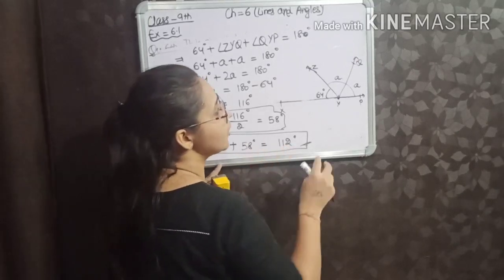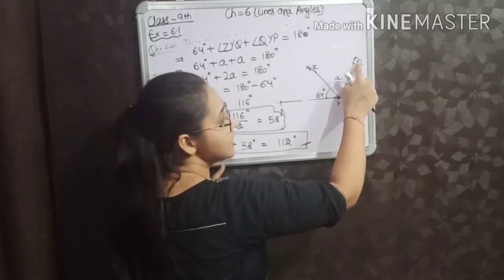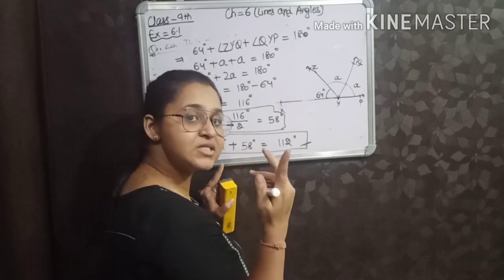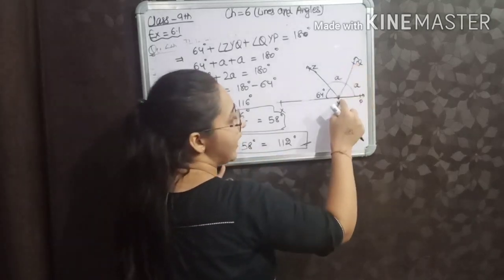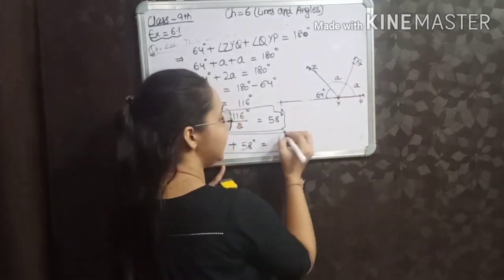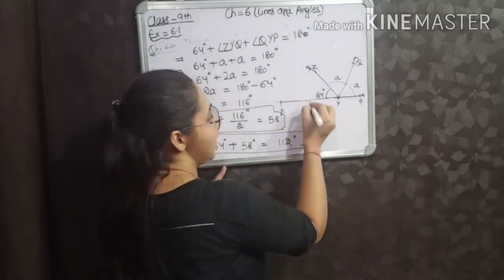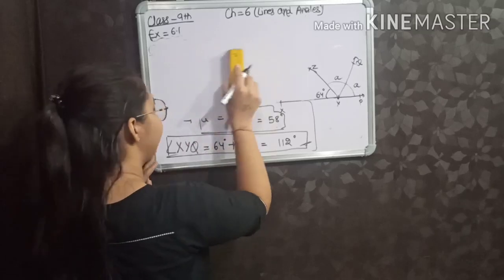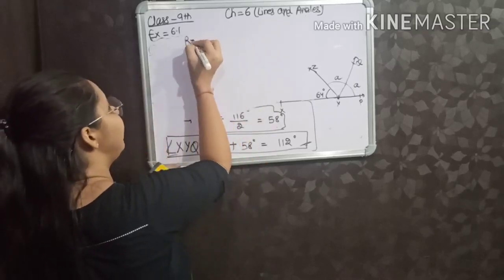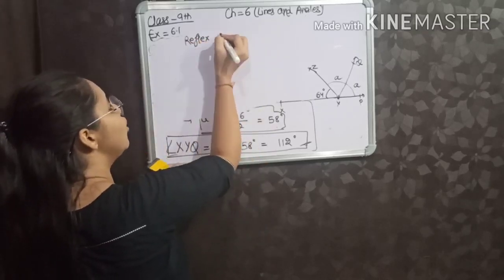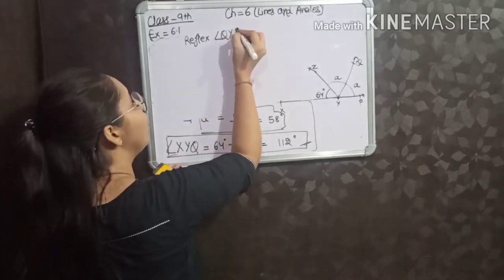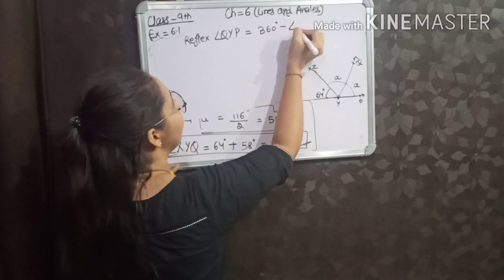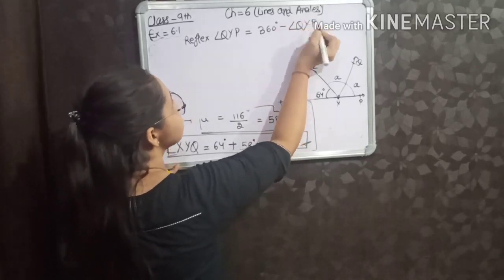Now the next part was reflex angle QYP. First of all, see what the measure of QYP is. QYP is A, and A is 58 degrees. Now we have to find the reflex QYP, and for finding the reflex QYP, what will you do? You will subtract the value of angle QYP from 360 degrees.